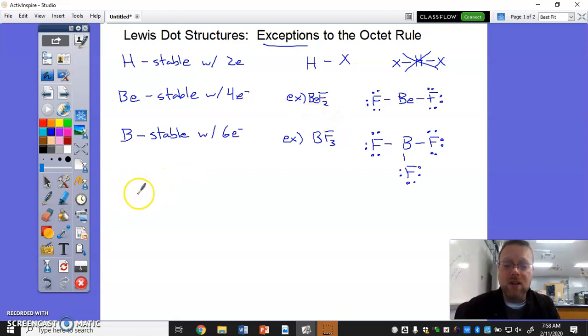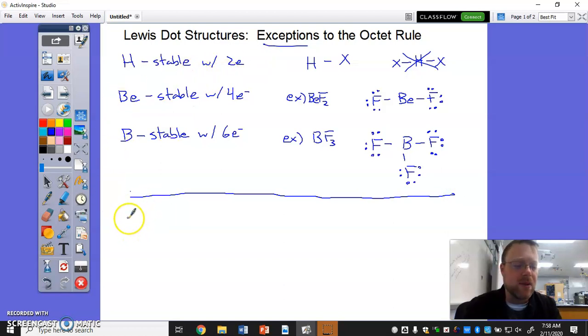Now these are exceptions where you have less than 8 electrons. Let's look at some exceptions where you could exceed the octet rule, going beyond 8 electrons. Basically, to go past 8 electrons, you have to have elements that have that 3rd energy level. You might remember from electron configurations, the first energy level only has 2 electrons.